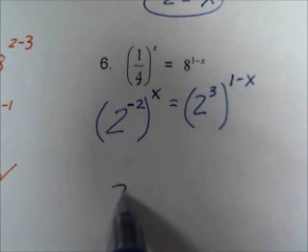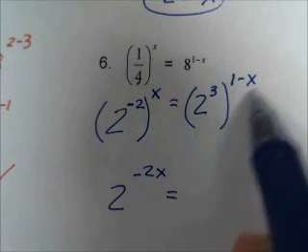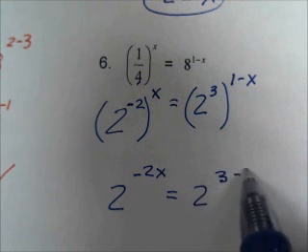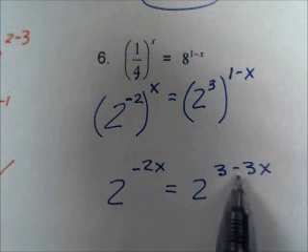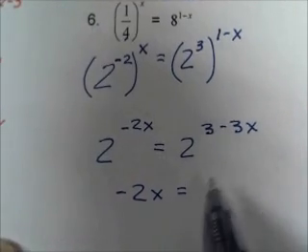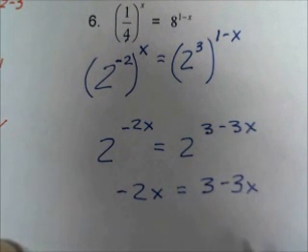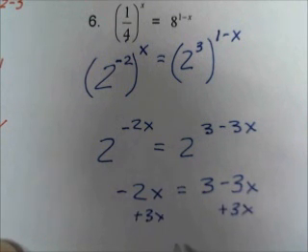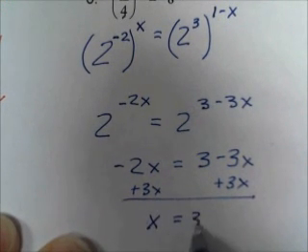Multiply: 2 to the -2x equals, make sure you distribute, 2 to the 3 minus 3x. Equate the exponents. -2x equals 3 minus 3x. Adding 3x to both sides, x equals 3.